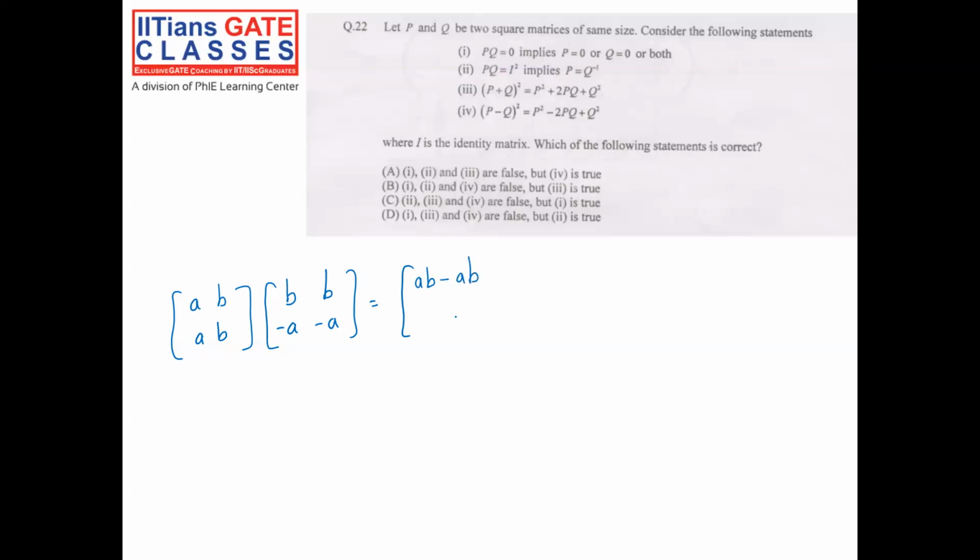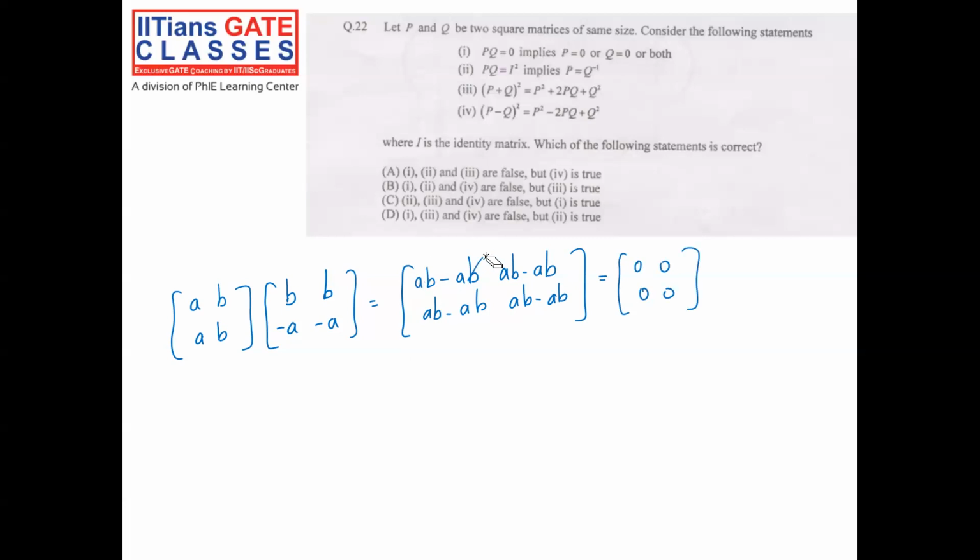Similarly, the rest of the terms: AB minus AB, AB minus AB, and again AB minus AB. So we can clearly see we are ending up with the 0 matrix, because AB will get cancelled.